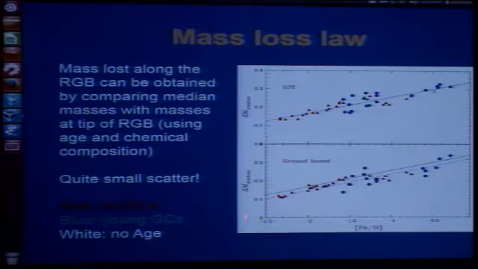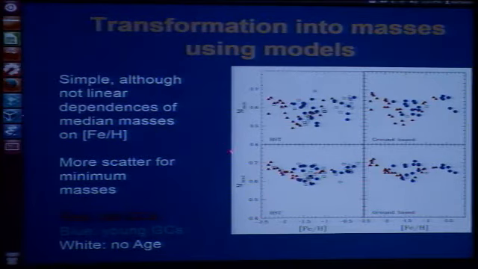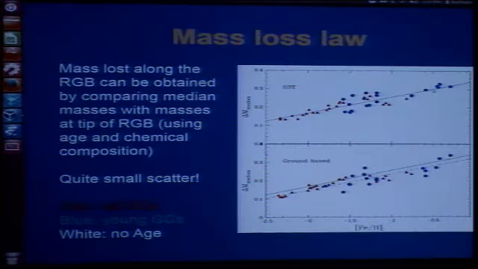And if I plot this against metallicity, this very strange V profile that we saw before, and I also take into account now the ages of the clusters, all these things become much simpler, and a linear relation of the mass loss with metallicity seems to come out.